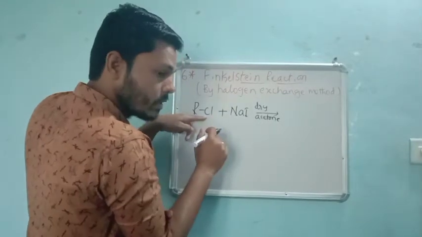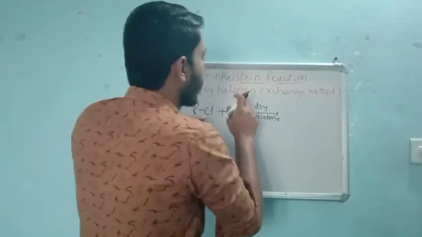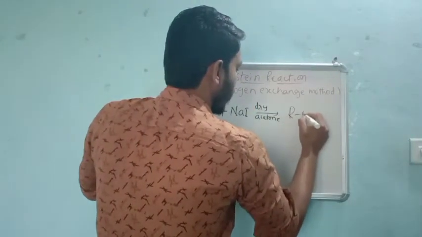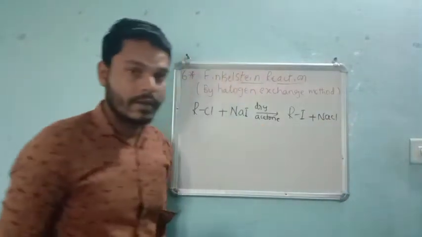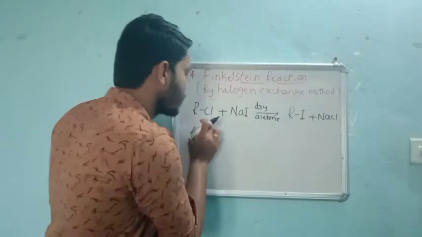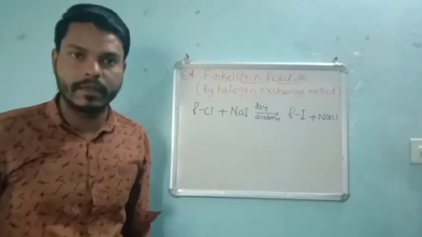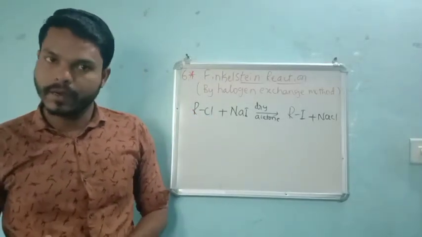One halogen is replacing another halogen, right? So that's why it is called the halogen exchange method. So it becomes RI plus NaCl. Simply you replace Cl with I. That's why it is called the exchange method.